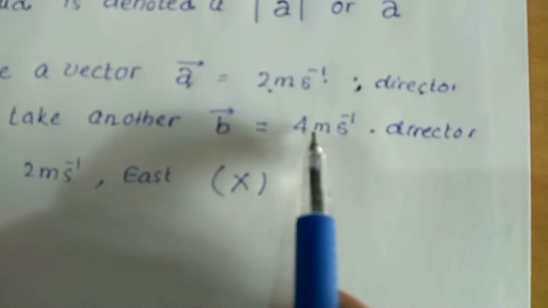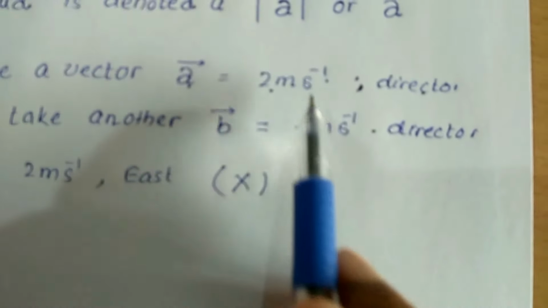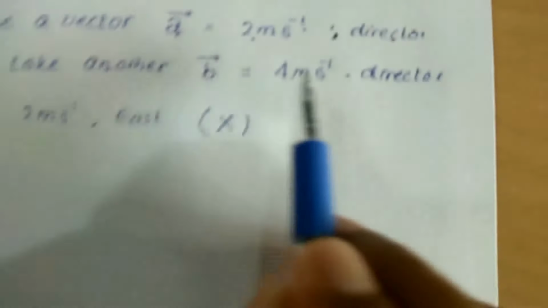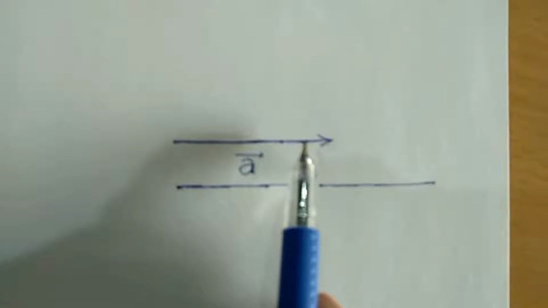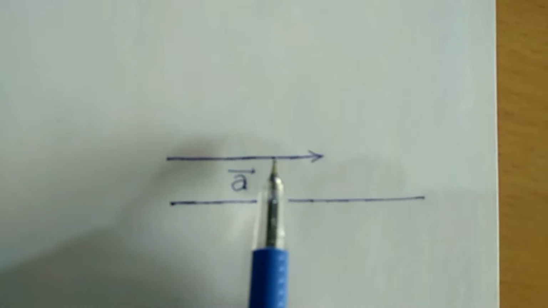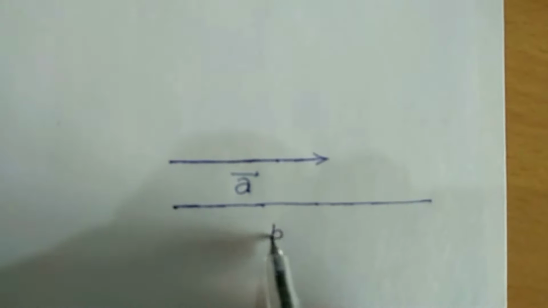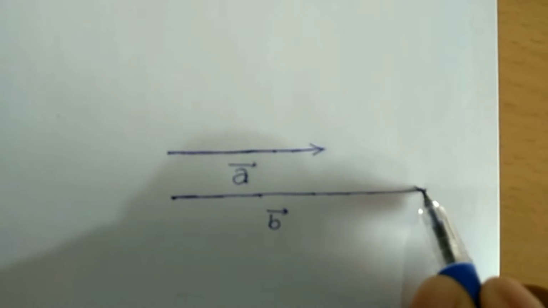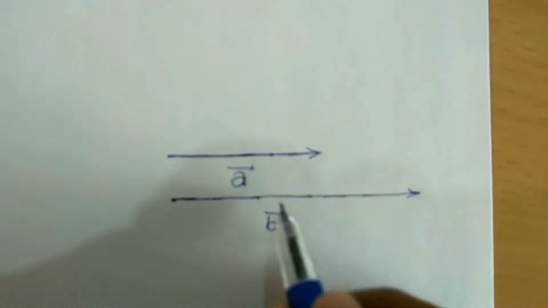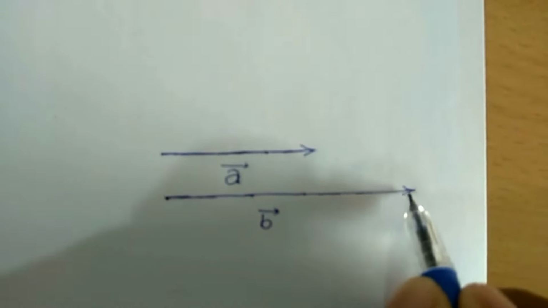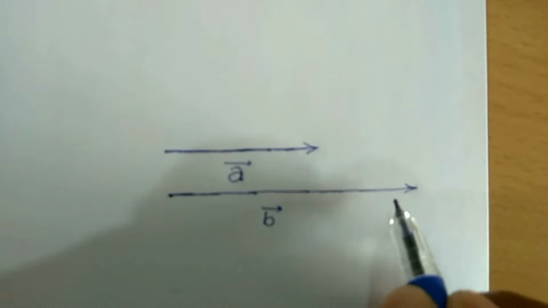So the magnitude of vector B is double this, so vector A has half the length, or vector B has length double this. It is not exactly double in the drawing, but we suppose it is double.